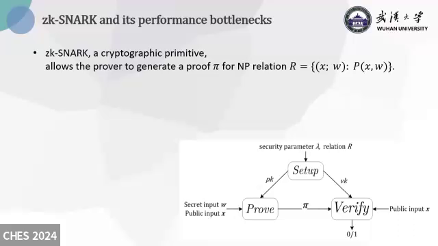zk-SNARK is a cryptographic primitive that has gained significant attention in recent years. It allows the prover to generate a proof pi for any NP relation. But most elliptic curve-based zk-SNARKs like Groth16 and Plonk still suffer from performance bottlenecks.